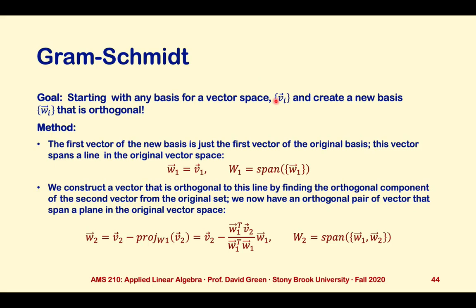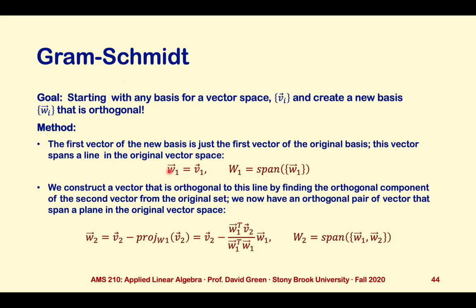Generally, we phrase this as the first vector, but conceptually there's no reason that we couldn't reorder these vectors in any way we wish. So there's some arbitrariness in terms of which is the first one. We usually take the first one in the list. The first vector of the new basis is just the first vector of the original basis. That is, we simply make an assignment that w1 is equal to v1.